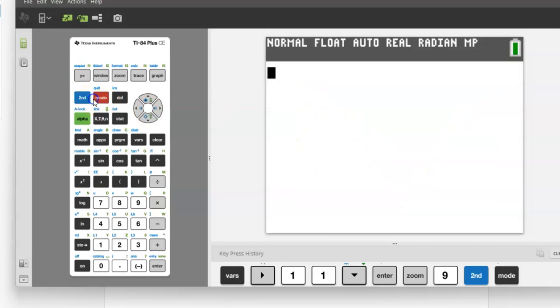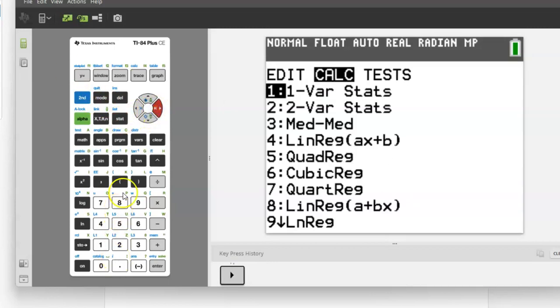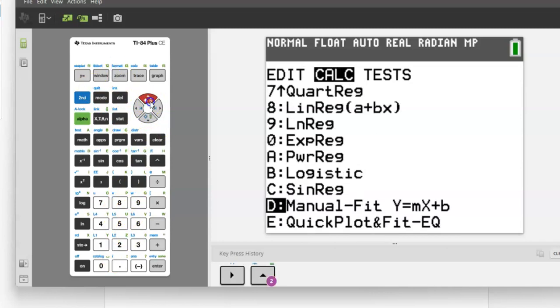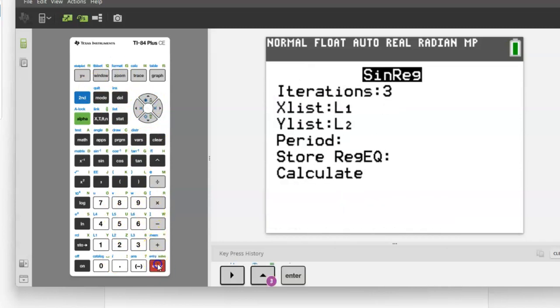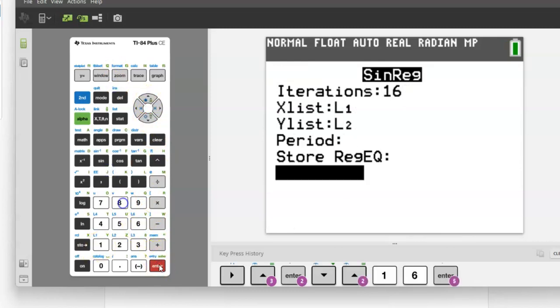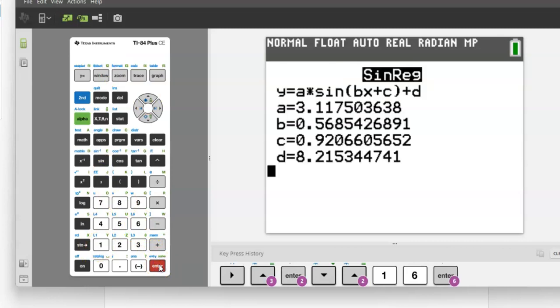So when I go over here, oh no, it's gone. That's okay, I can do it. All right, the midline is the value of D, 8.2153. So D plus the amplitude, which was 3.117.